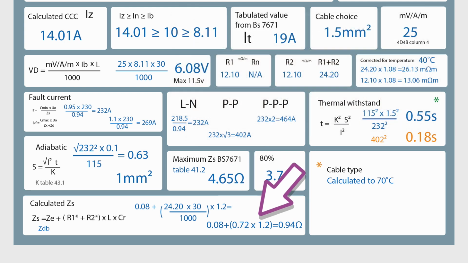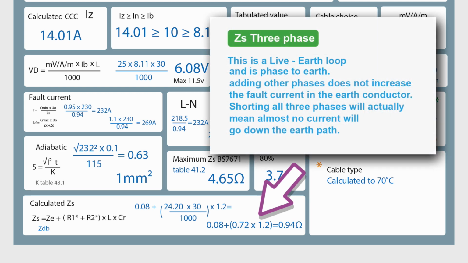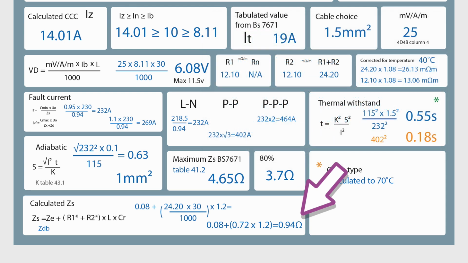Our R1 plus R2 comes to 0.72. We times 0.72 by 1.2, and we add on a 0.08. We get a final value of 0.94. ZDB plus R1 plus R2 equals our ZS, and we have a value of 0.94 ohms.